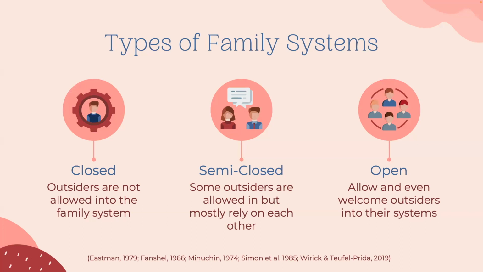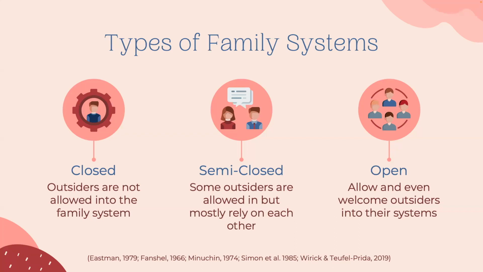Open systems are found much more often in folk-type societies, and here in the United States, most families function as closed or semi-closed systems. Despite American culture favoring closed and semi-closed systems, foster families are expected to operate as open family systems to allow outsiders from child welfare in.